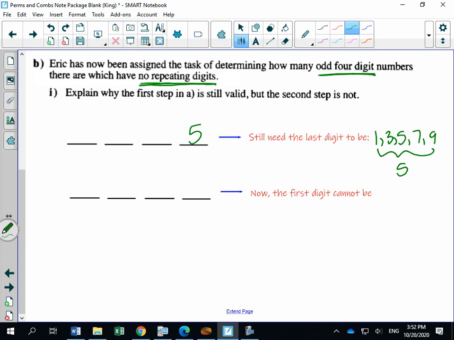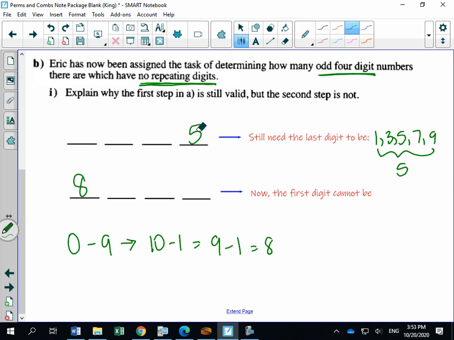Now I'm going to go to that first digit. In the previous example, we said that there were 9 choices. And remember that normally we have the numbers 0 to 9, which is 10 possible numbers, but we can't use the number 0, right? So because we can't use the number 0, I'm going to take away one of my choices, and I've got 9 possible choices. But then I can't use a repeating digit, right? So whatever digit I chose to go here, I cannot choose that same digit to go here. So I have to take off one more choice, and I only have 8 choices here.